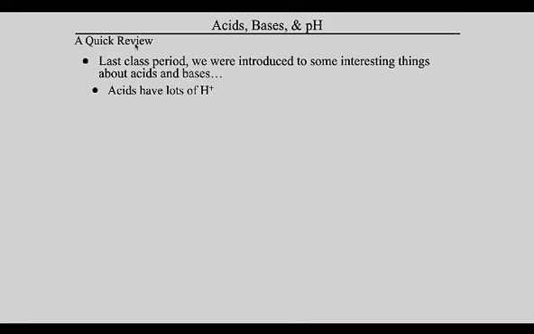Guys, we understand that the thing that makes an acid is simply the fact that it's got lots of hydrogen ions. So if that's true, what makes a base a base? It's not hydrogen, it's hydroxide. So guys, the presence of hydroxide makes bases bases.